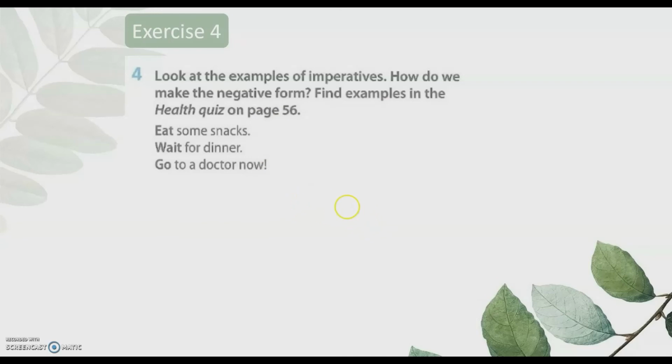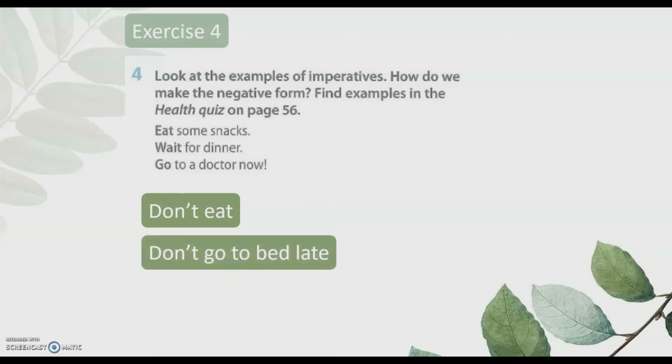The first one is don't eat, the negative form. Second one is don't go to bed late. The third one is don't go to school. You see here, right? For the negative form, we add don't: don't eat, don't go. That is the negative form.